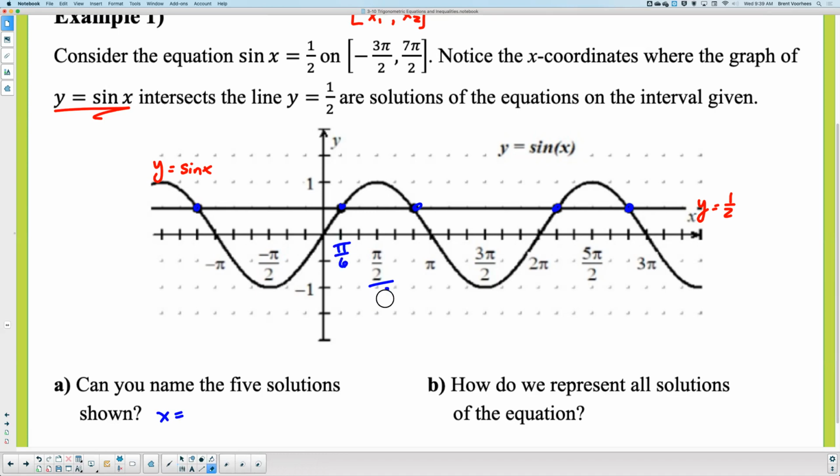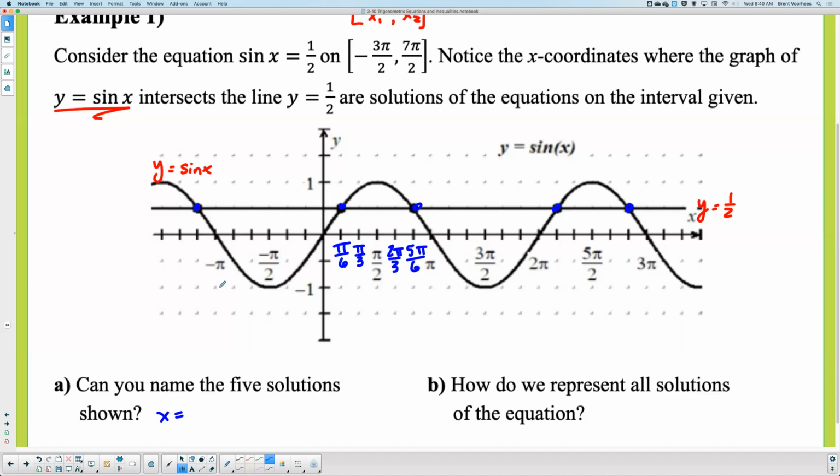We're counting by pi over 6s. That would be 1 pi over 6, 2 pi over 6, which could reduce to pi over 3, this would be 3 pi over 6, pi over 2, that's right, this would be 4 pi over 6, 2 pi over 3. You're following along now? This would be 5 pi over 6. That's right, and so on.